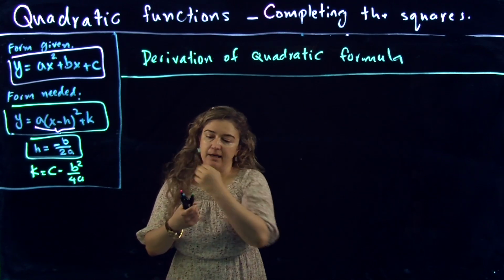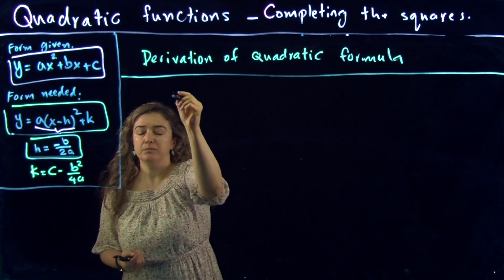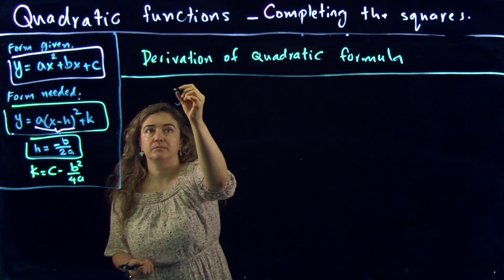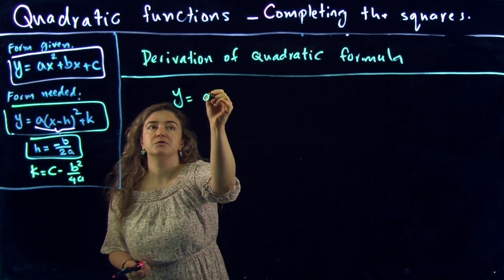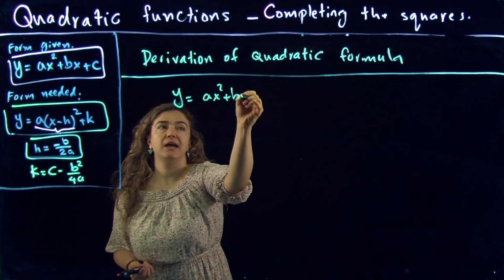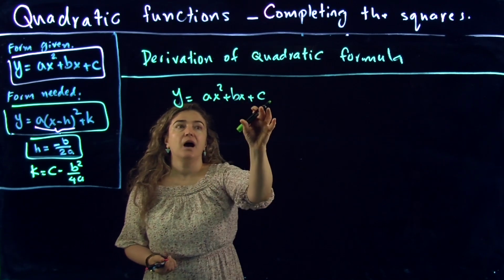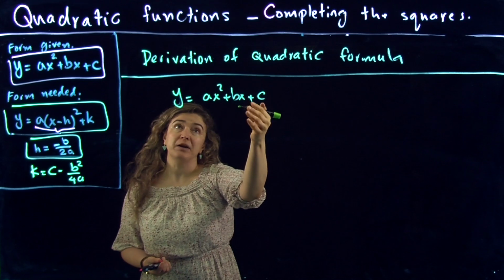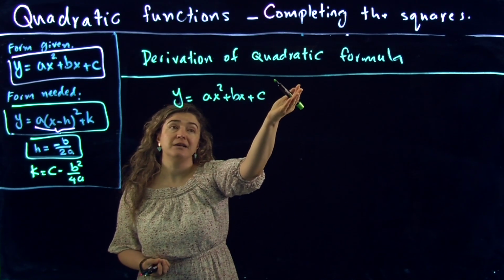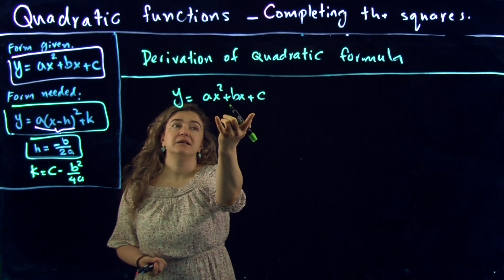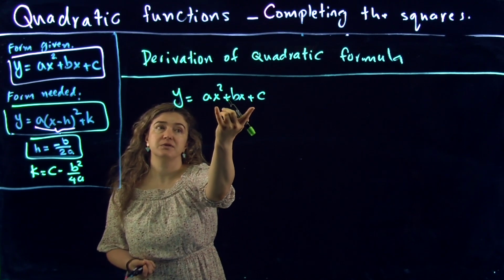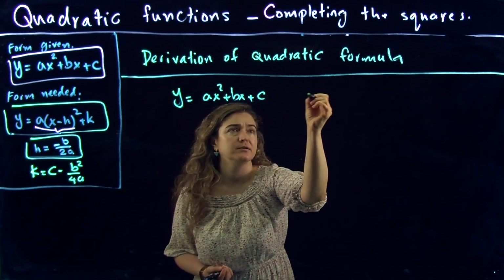So let's start again with y equal to ax squared plus bx plus c. When I'm trying to write the quadratic formula, the plan is to find the zeros of this function.